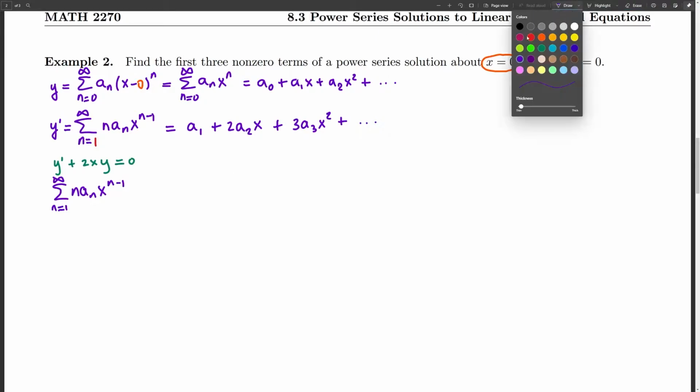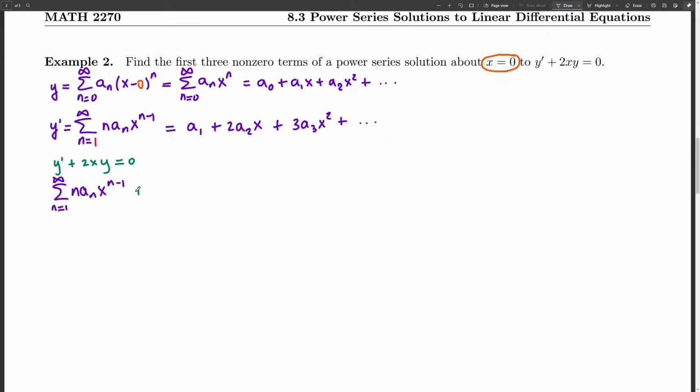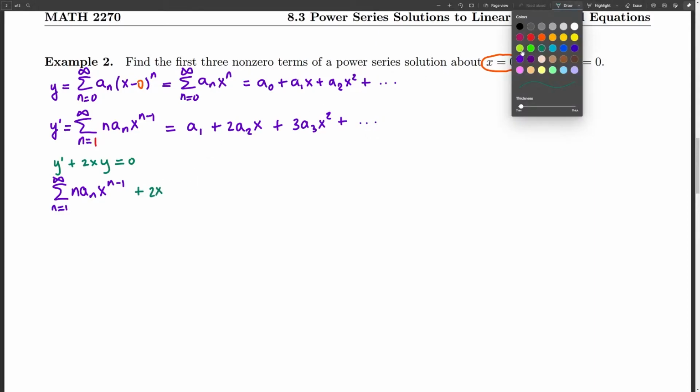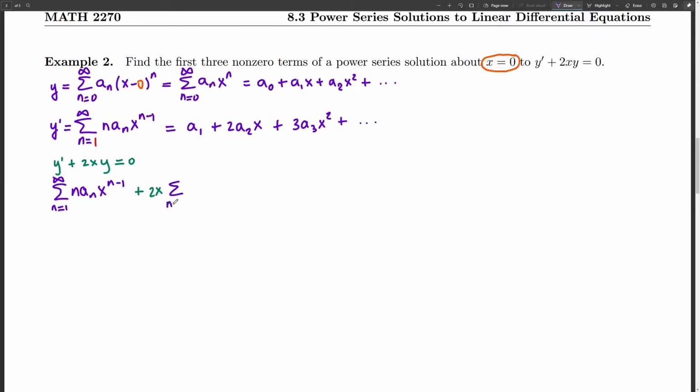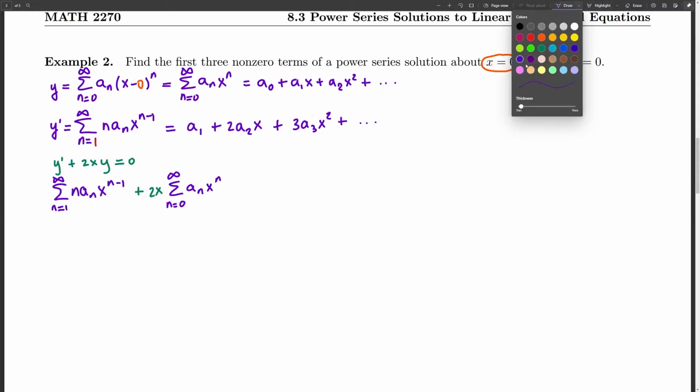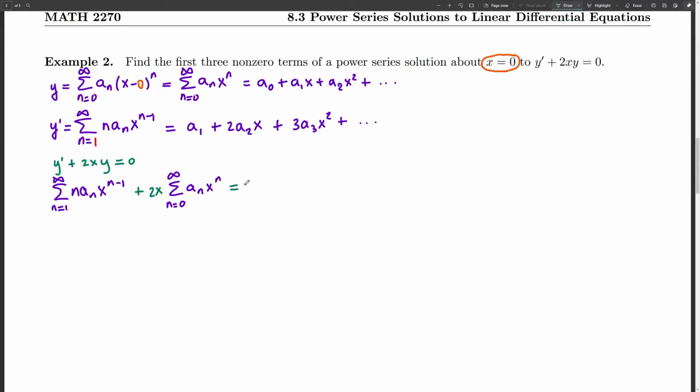And then plus 2x times the power series for just y. So that's the sum from n equals 0 to infinity of a sub n x to the power n. And then that is equal to 0.